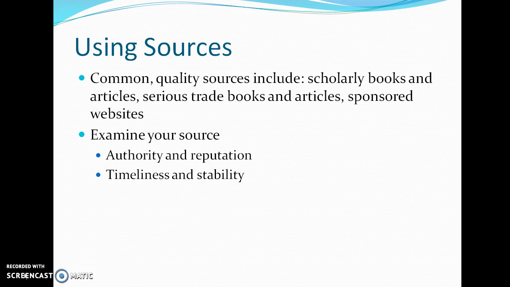Timeliness and stability. Timeliness is an important thing to consider, especially if you're doing something about a current event. In this class, you have the opportunity to talk about immigration a little bit. Well, obviously, more timely articles are going to be more pertinent because it's a very timely issue.